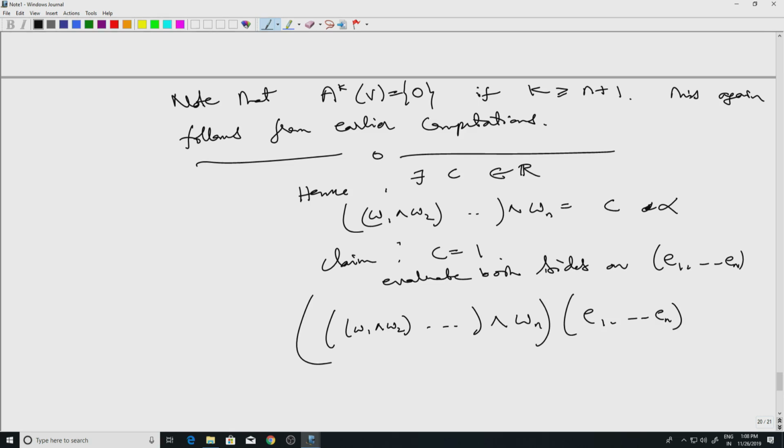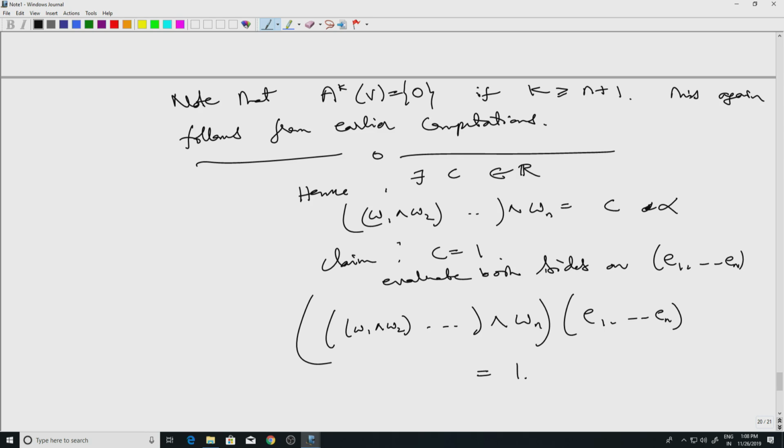And the claim is that this is actually equal to 1 as well. So this is 1 and the right hand side will give me C. So therefore you will be done.